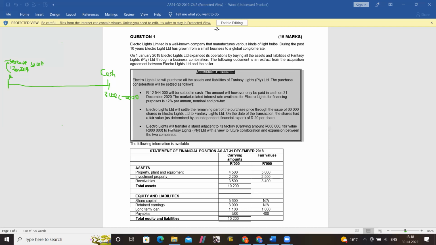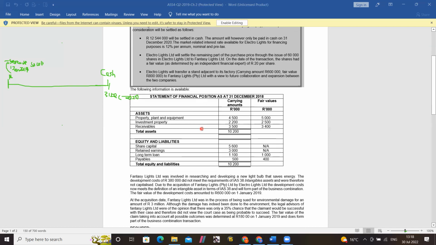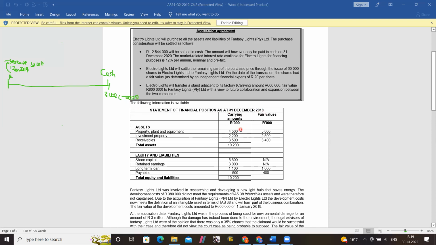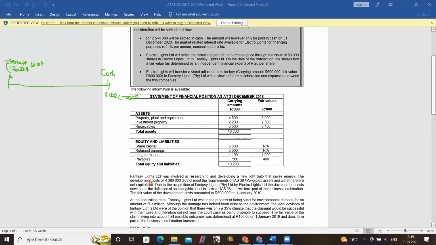So do you see how many considerations we have? We have three: this cash payment, this asset, and this instrument, the shares, right? And then this is the statement of financial position, obviously for Fantasy Lights, right?